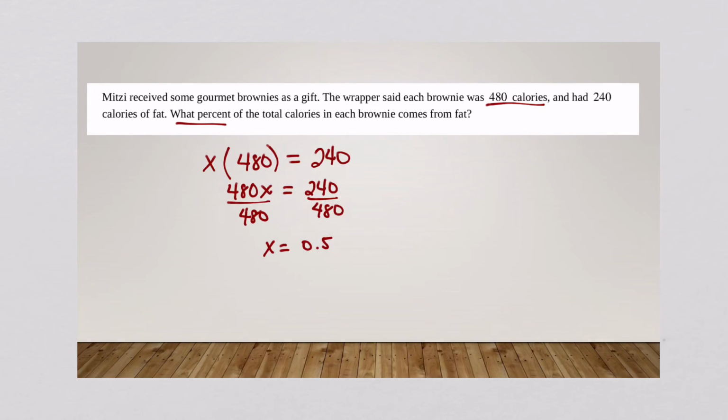I've got to scoot the decimal to the right 2 places, and I get 50% of the calories comes from fat. So 50% of the calories comes from fat.